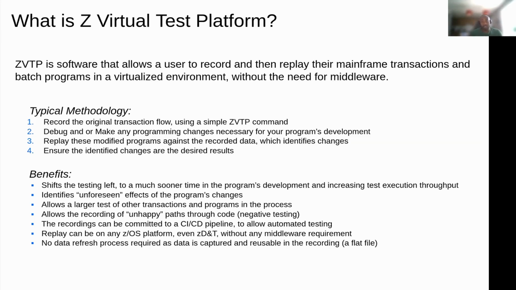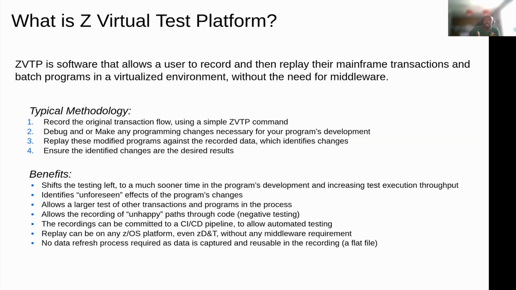So the benefits are, well, I think the benefits are quite astronomical in my mind, because you're shifting testing much earlier in the development lifecycle. And you're also increasing your test execution throughput, because I'm now able to test continuously without having to worry about the middleware and data.